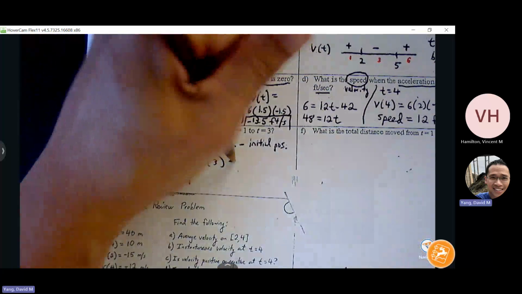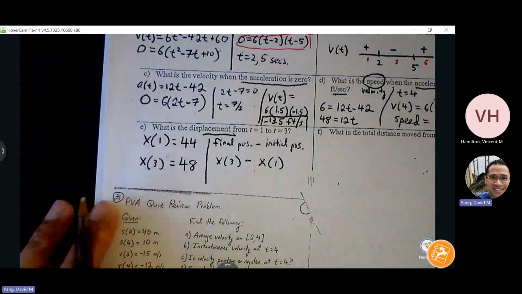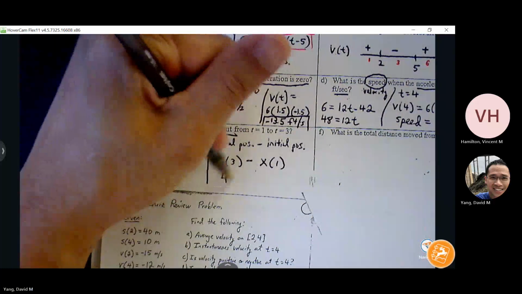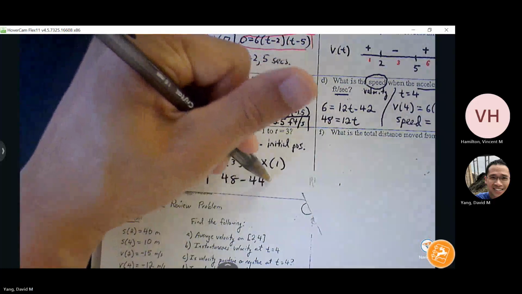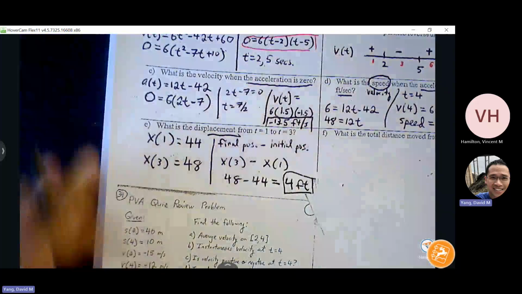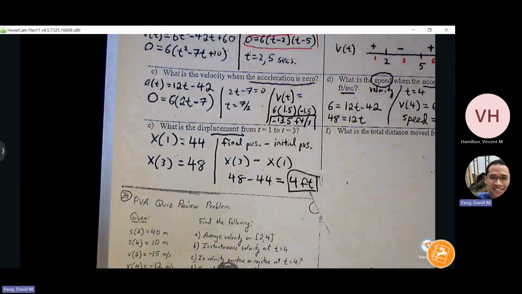If it ends up being negative, then that's fine. Then that means we end up to the left of where we started. But here, 48 minus 44 is 4 feet. Now, all this means is between 1 and 3 seconds, this object is going to end up 4 feet to the right of where you started. That's all it means.